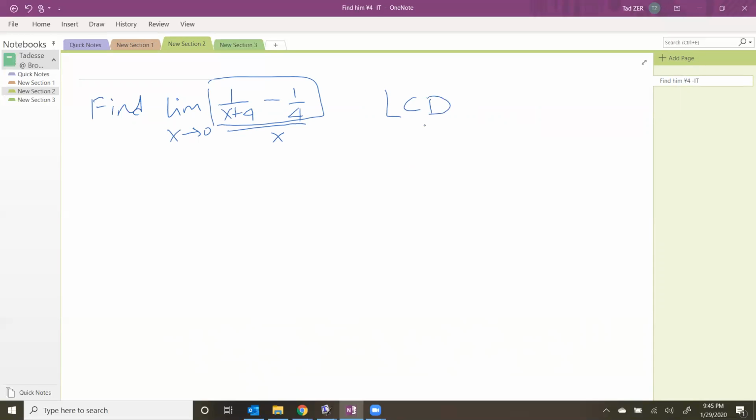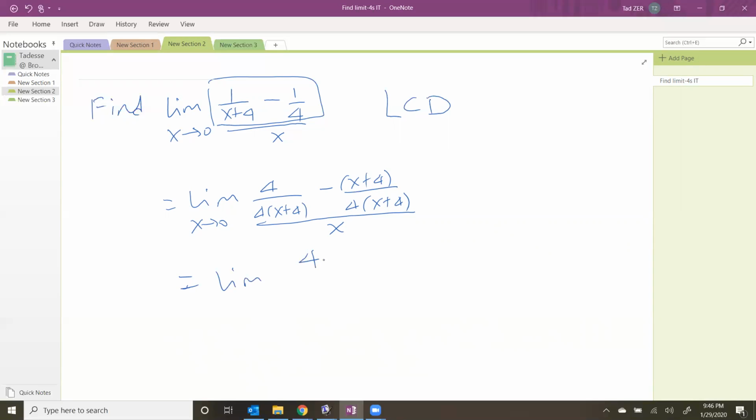So how do you find the least common denominator? You multiply the first fraction by 4, because I have 4 here, minus, you multiply the second fraction by x plus 4. Now you see they have the same denominator. Divide everything by x, as x goes to 0. Because these expressions have the same denominator, I can write them over the common denominator.